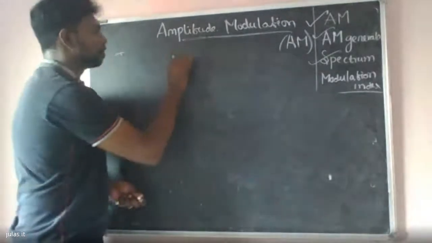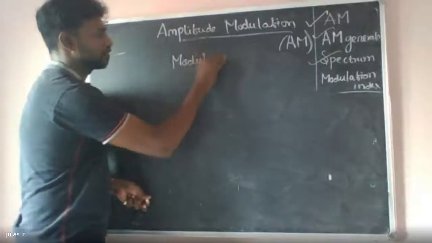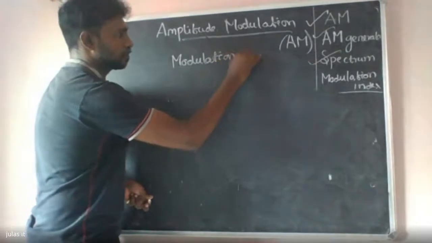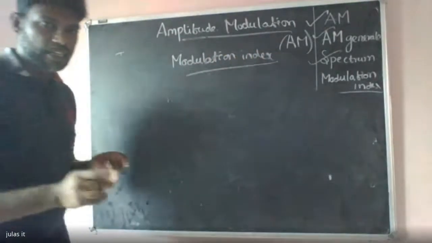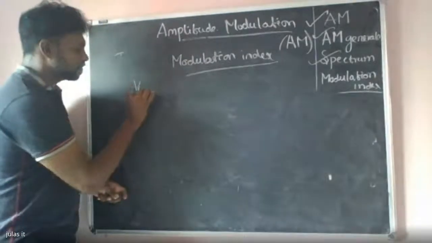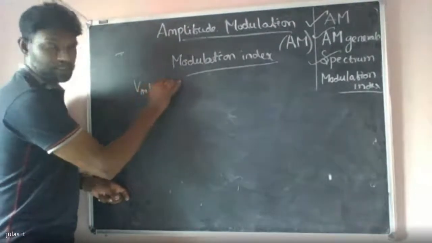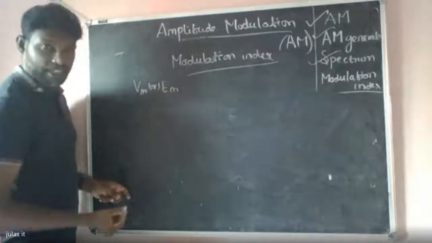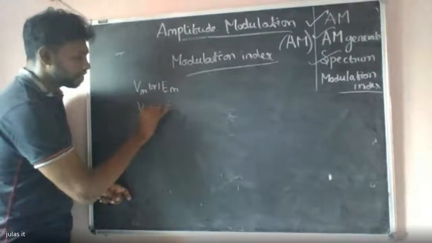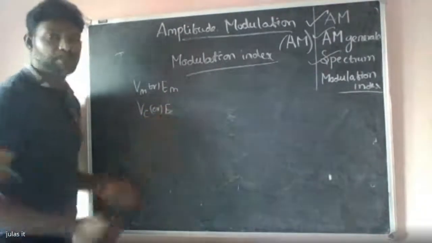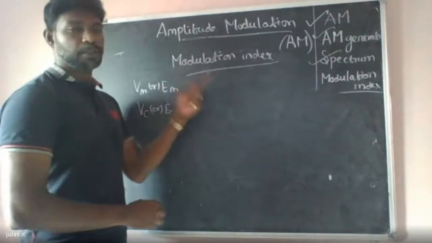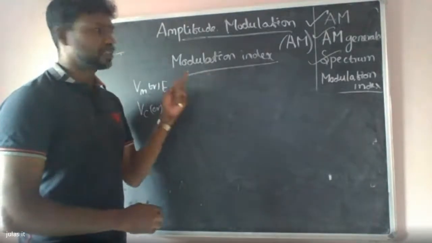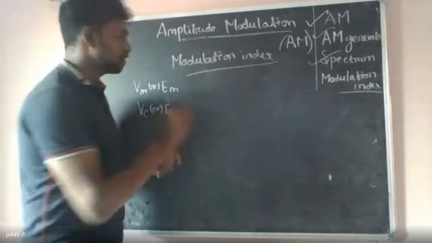So modulation index. Already I have said that in many books, VM is also represented as EM, and VC is also represented as EC, because here we are going to change it. So what is meant by modulation index? We will see the definition first.